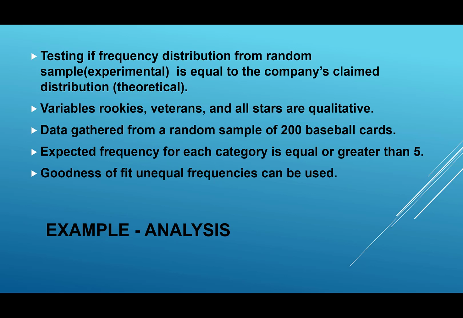Our variables are rookies, veterans, and all-stars, and all three of those are qualitative variables. We gathered a single random sample of 200 baseball cards, and the expected frequency for each of our categories is equal to 5 or greater than 5. So this meets all of the requirements for the goodness of fit unequal frequencies hypothesis test.